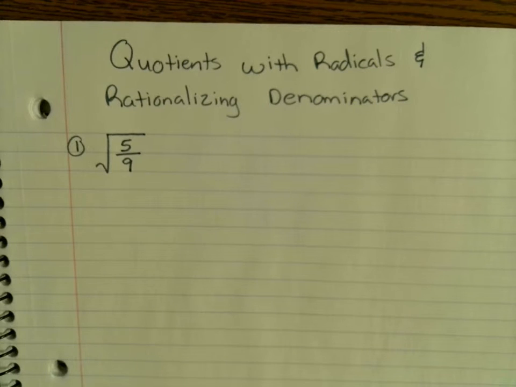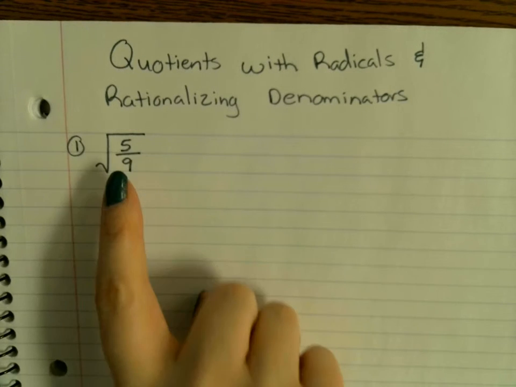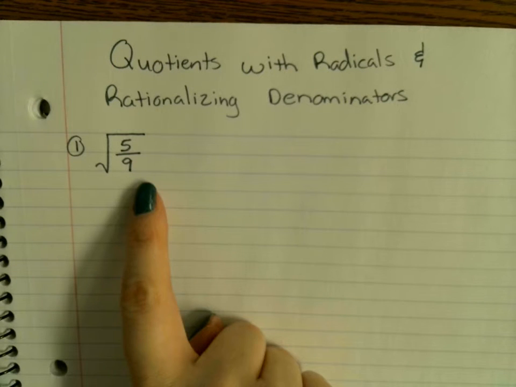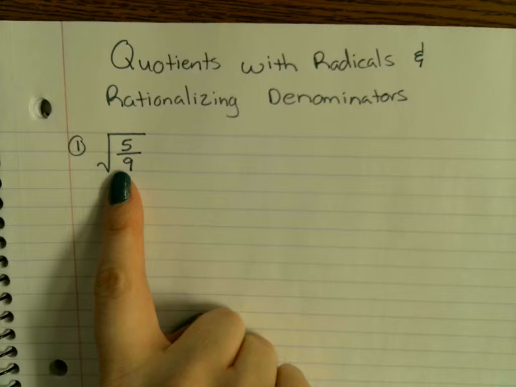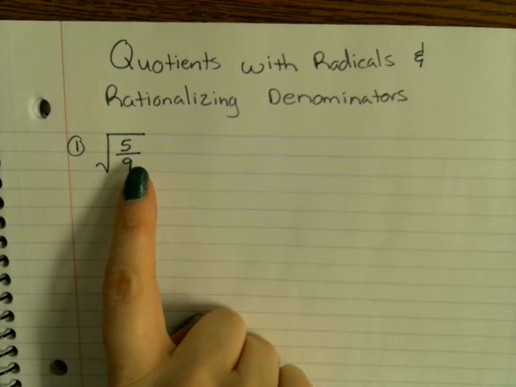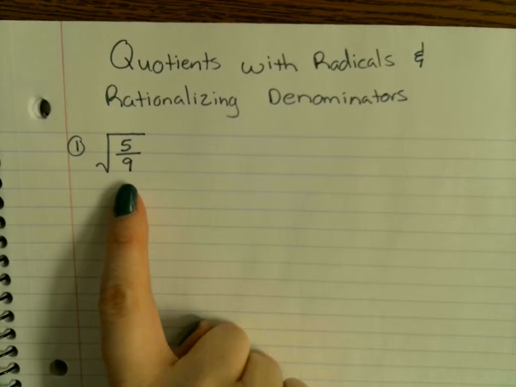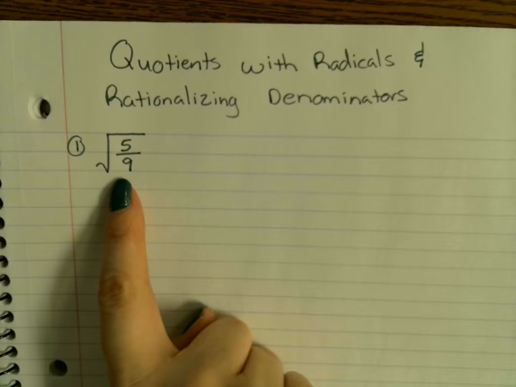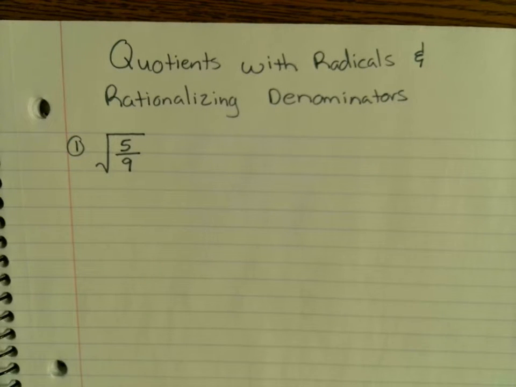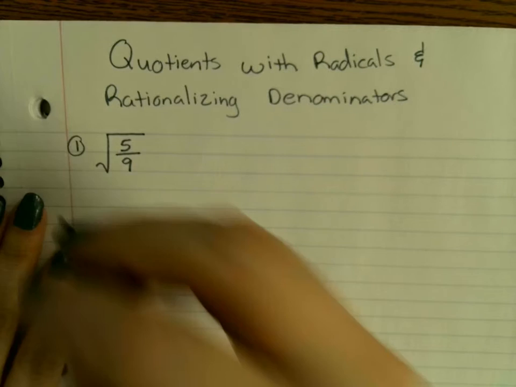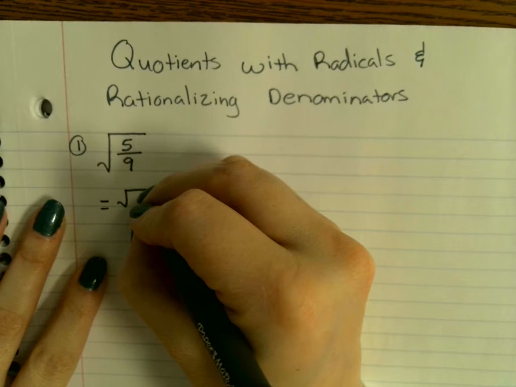We already know how to do something like this because at the very beginning of the unit we talked about if you have a fraction, which is basically a division problem, under a radical, it basically means that what you're doing is the square root of the numerator and the square root of the denominator.